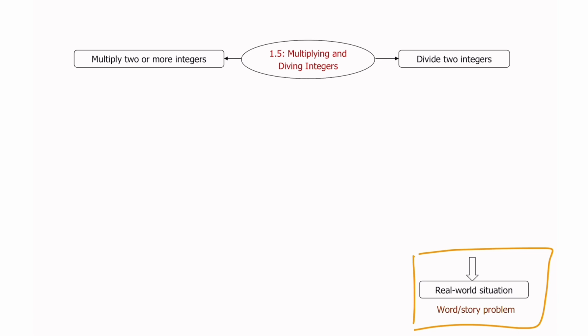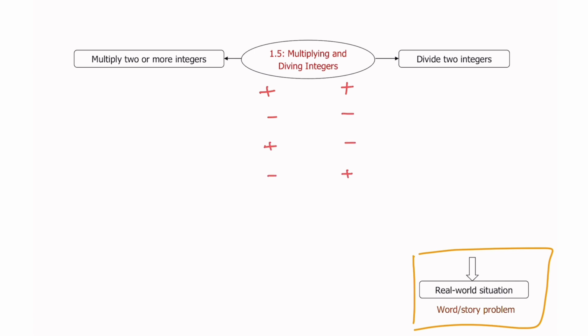Now, to multiply two or more integers, before we begin both parts, multiplication or division, let me write down some important things that you need to understand. Here are those important things: plus, plus, minus, minus, plus, minus, minus, plus.